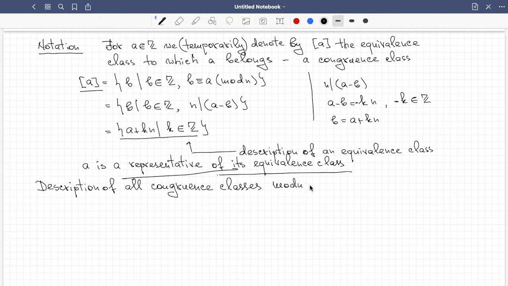Modulo n. N is a fixed integer which is positive. For this integer, we ask about the set of equivalence classes.